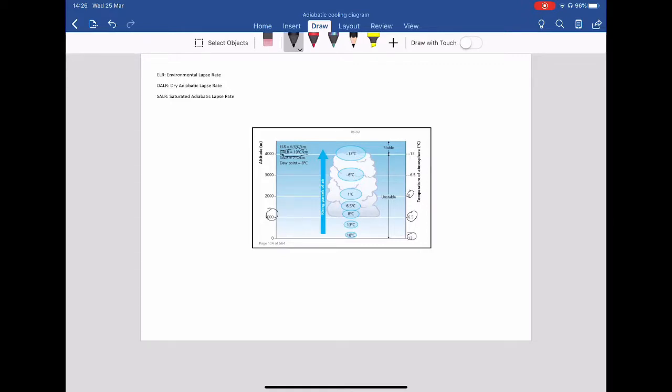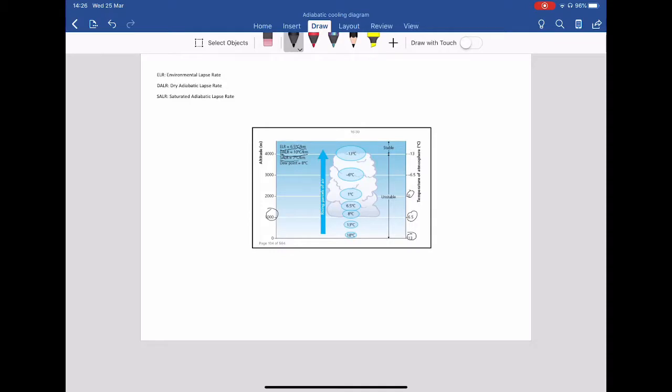Okay, we then finally have SALR, saturated adiabatic lapse rate, and this is the degree of cooling that happens per kilometre once the air parcel reaches 100% humidity, also known as the dew point, and the water vapour begins to condense.